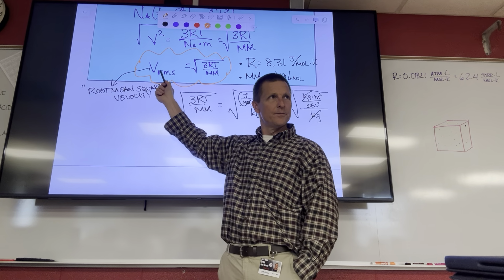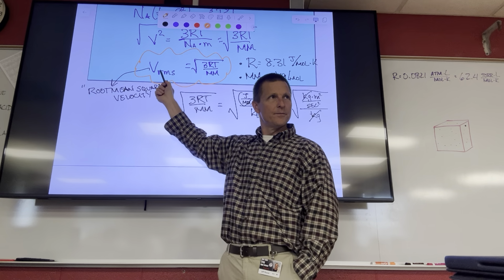So light particles will move the fastest. I asked what element on the periodic table would be the fastest moving particles, and everybody agreed hydrogen, because it's got the smallest denominator. That is consistent with what Graham's law says. The faster particles moving, the faster it's going to diffuse. The faster moving particles are going to escape out of the container the fastest. So this is very consistent between those two concepts: speed of particles, rate of diffusion.